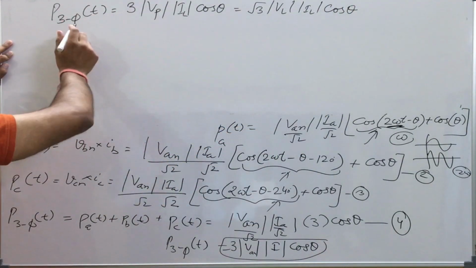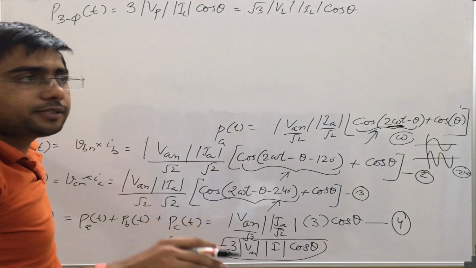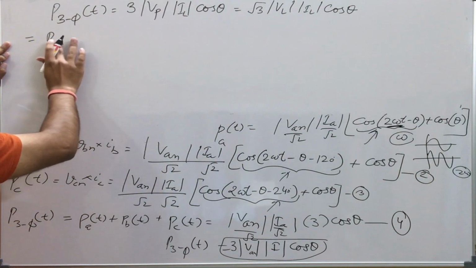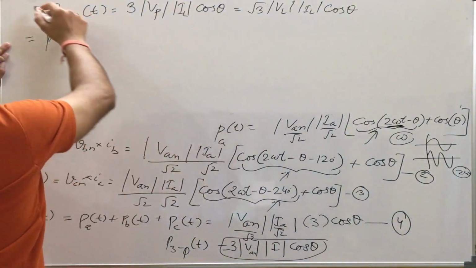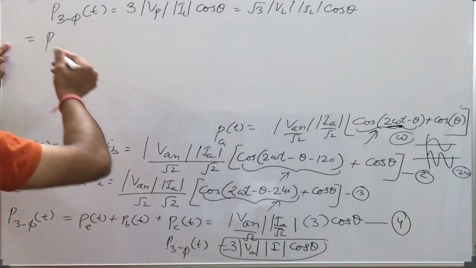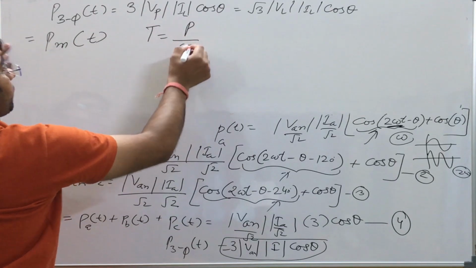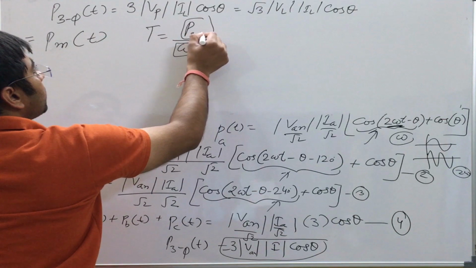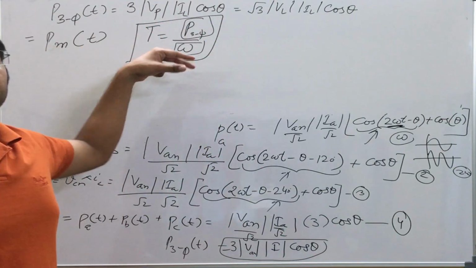Then, let us say the efficiency is 100% or there are no losses in the system, then it is also going to be equal to the mechanical output or the electrical input, whatever we are considering. If it is a motor, it will be equal to the mechanical output and the electrical input also. So the torque will be power upon omega, and omega is a constant. P is also a constant. So the torque on the shaft will be a constant.